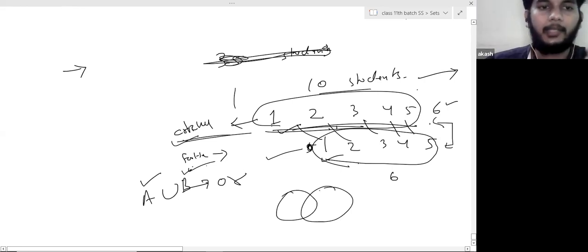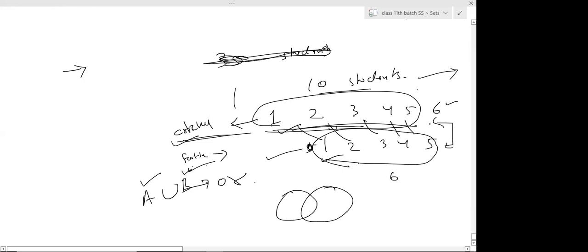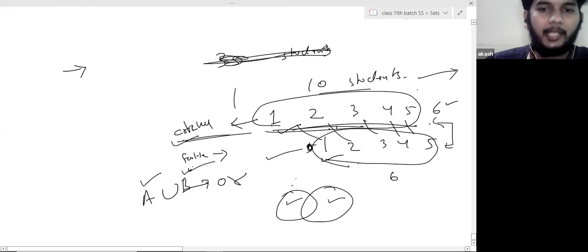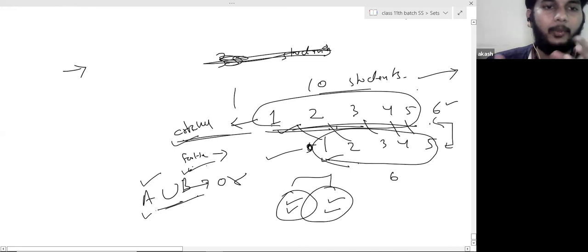Remember, what does union do? It puts all of them in a single basket, in a single bag. So if an element is here or here, we don't care if this is A union B. The same way, A or B means you have to find union. Union means how many are there put together.